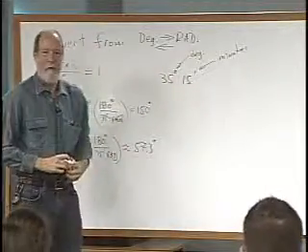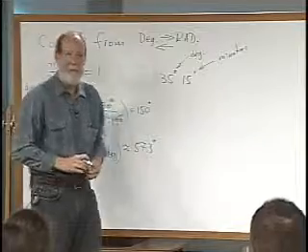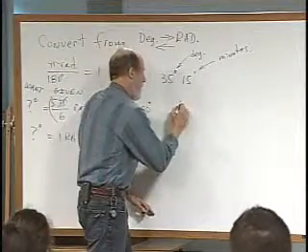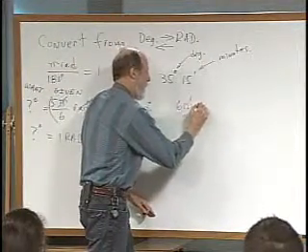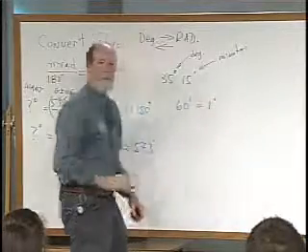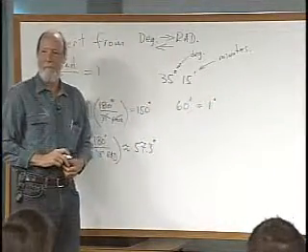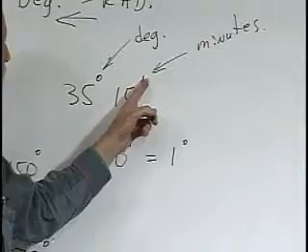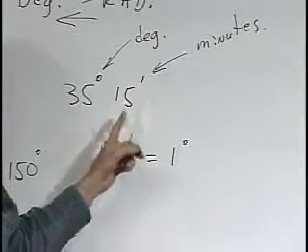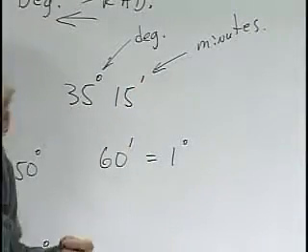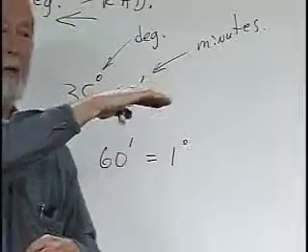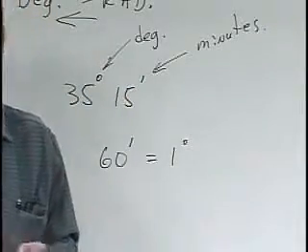Now, what in the world is a minute of angle? 60 minutes equal 1 degree. So 15 minutes is equivalent to 1/4 of a degree, just like 15 minutes of an hour is 1/4 of an hour. Okay?